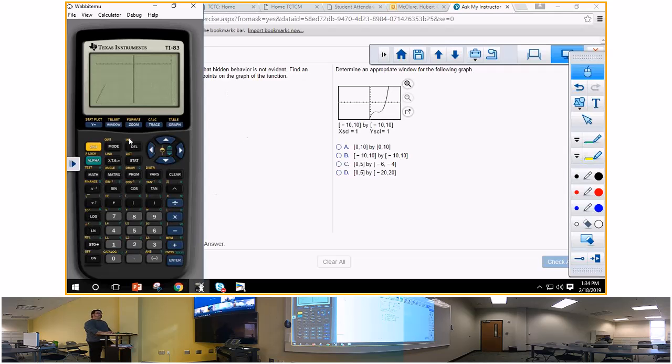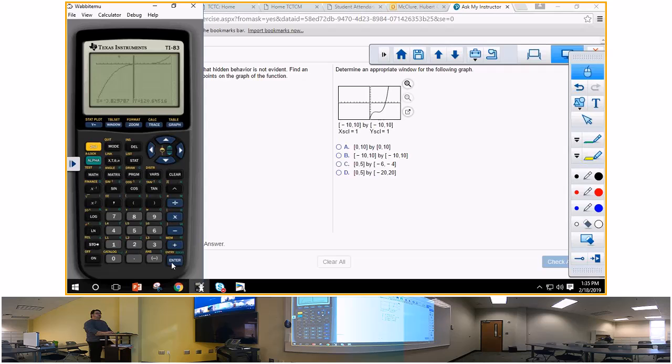I also use zoom box. I see that's a little bit closer. You see the y and the x intercepts. I go to zoom box, and I put the left-hand corner there with the little cursor, and I hit enter.